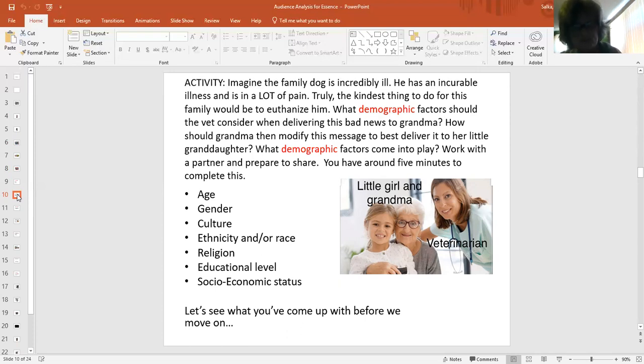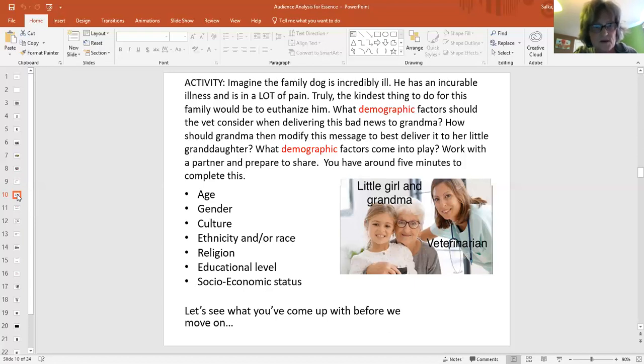She's going to tell grandma, probably in the simplest terms, about the seriousness of the family dog's illness. She's not going to have a big smile on her face when she's delivering this bad news, because she's in general a compassionate person.